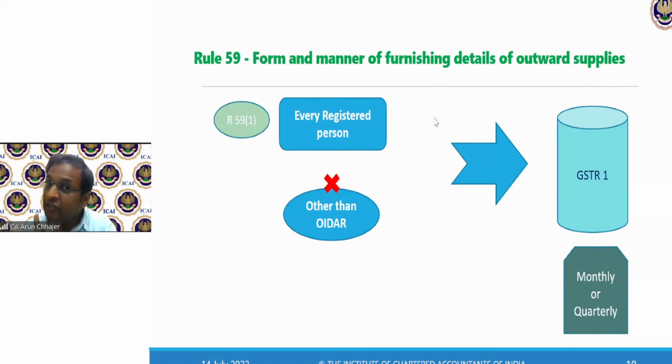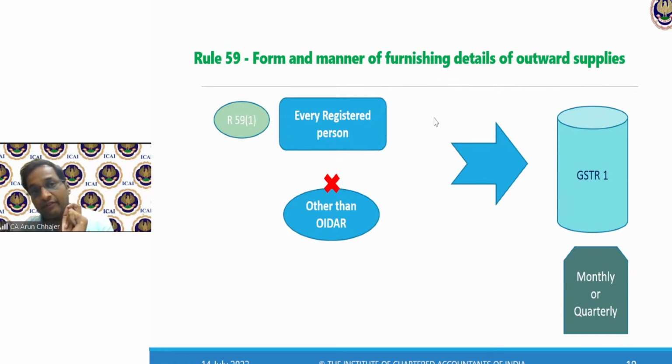Sir, why are you taking 2 months only? Because we know that on month 3, after the end of the quarter, we have to furnish 3B and R1. That compliance is already known to me. But what is the requirement for M1 and M2? That we are going to discuss in some time.